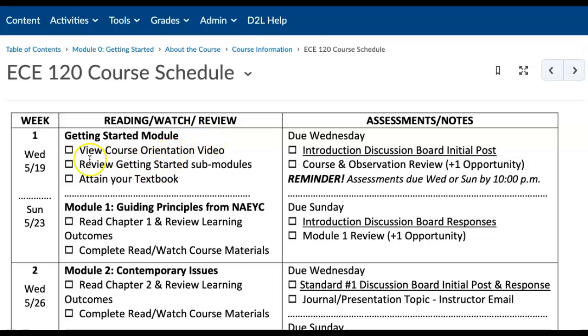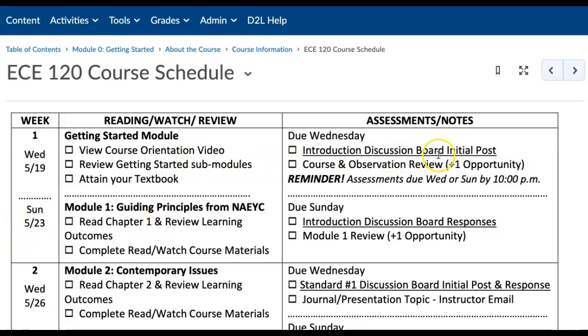So by Wednesday, look at your course orientation video, review the Getting Started submodules, and make sure that you have your required textbook. You will immediately read Chapter 1 by the end of week 1, so it'll be important to attain that. You can do that through the bookstore, or you can order through another seller.